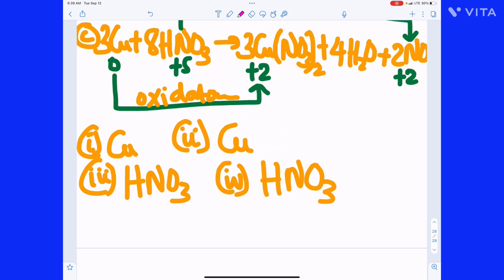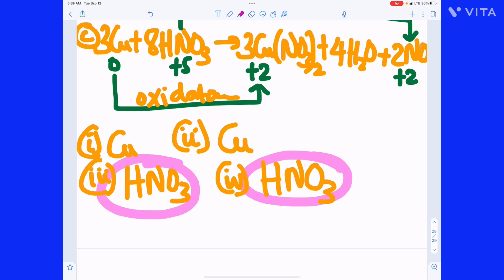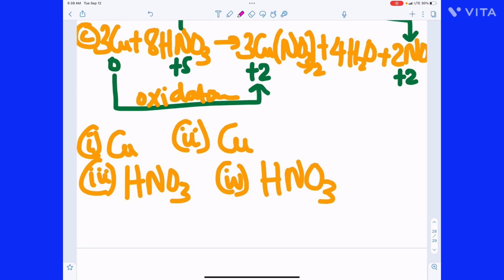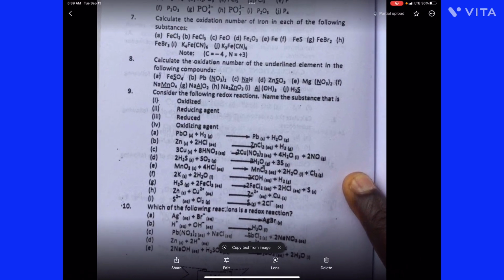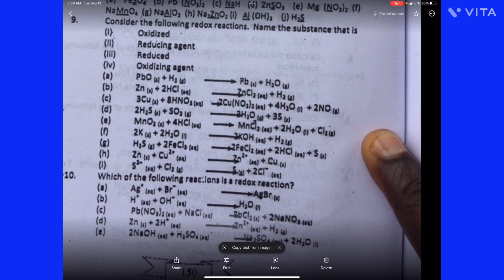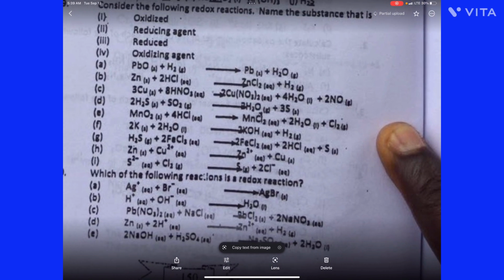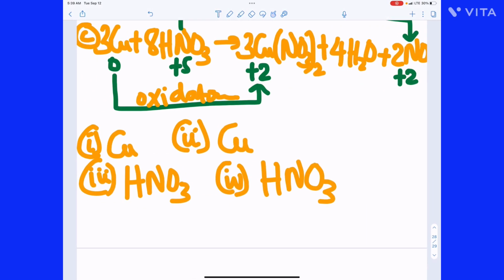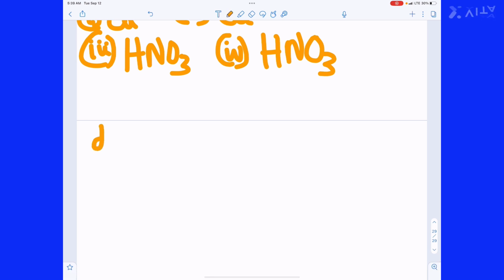Also, the substance that is reduced in a redox reaction is the oxidizing agent. So that's what this exercise is all about. Let's go to the next question. 2H2S plus SO2. That's going to be easy. That's question D.